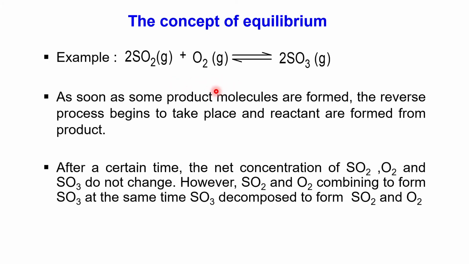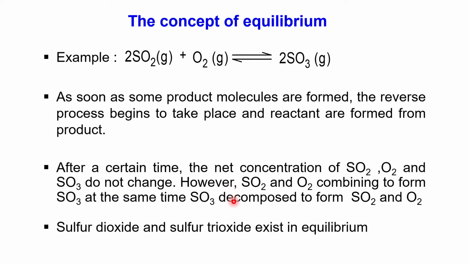So after a certain time, when equilibrium is reached, we say that the concentration for both reactant and product remains constant, so does not change. At this condition, we say that SO2 and SO3 are in equilibrium.